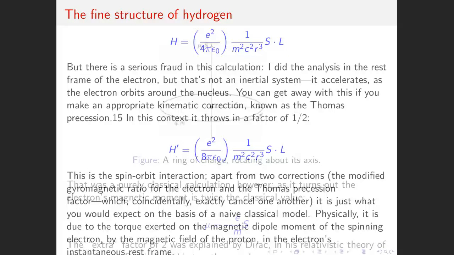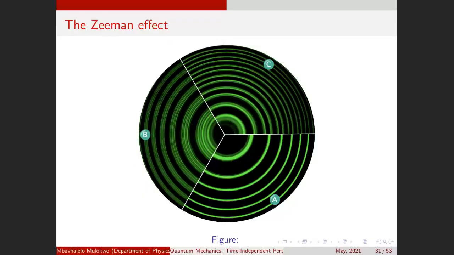So without any magnetic field, these are the usual spectral lines that you might get, maybe the Balmer series, Lyman series, or whatever. But depending on how your magnetic field is set up, these lines will split differently. So there are 3 cases to consider. The first one that I will be considering will be the weak Zeeman effect.